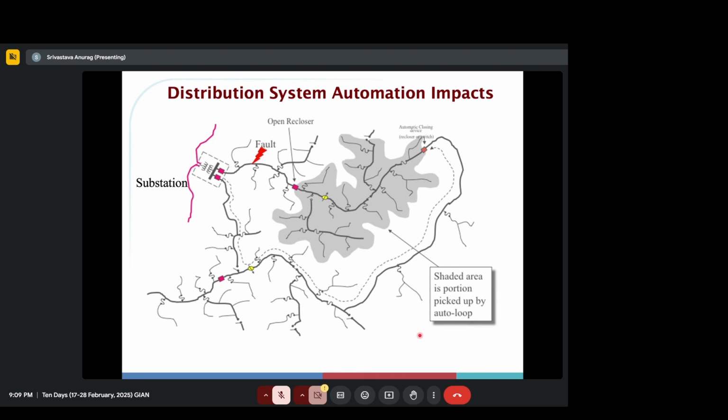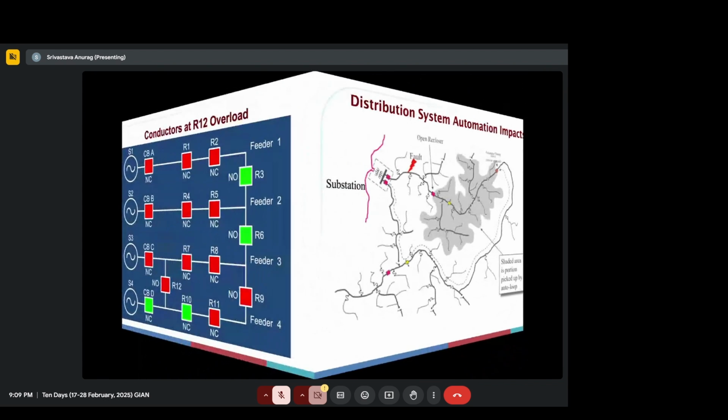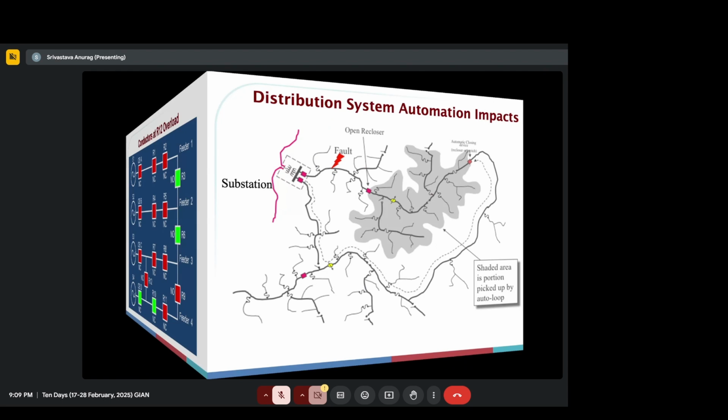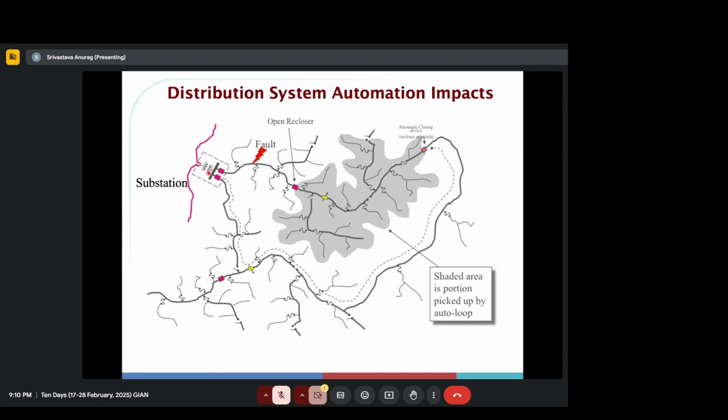The automation impact is that we can minimize the outage. Let's say this is the shaded area. This is more like a real feeder. This was of course a representation, but it will look like this: there is a substation. This is feeder 1. This is feeder 2. There is another substation feeding from somewhere else, like from here or from here.